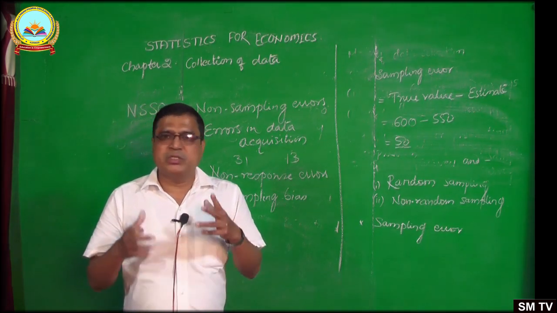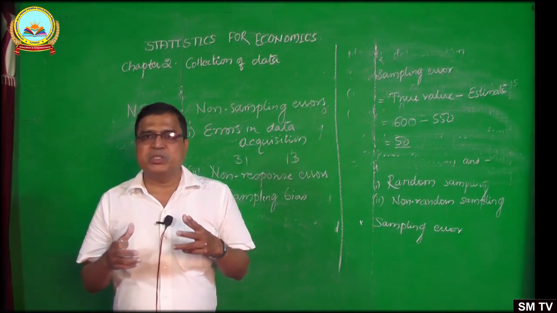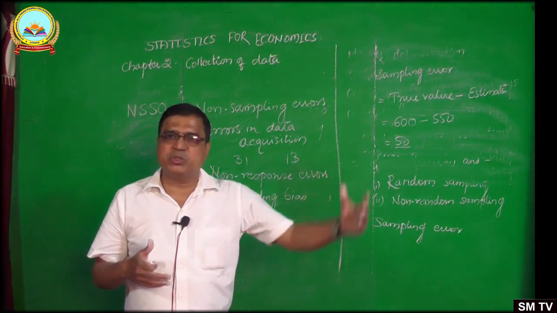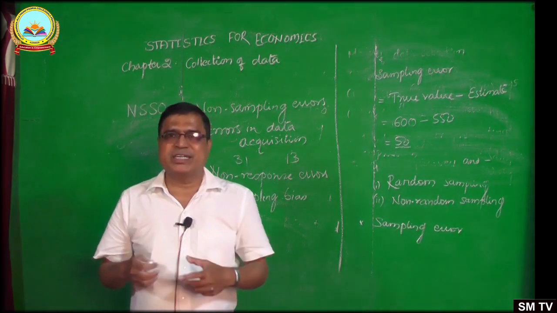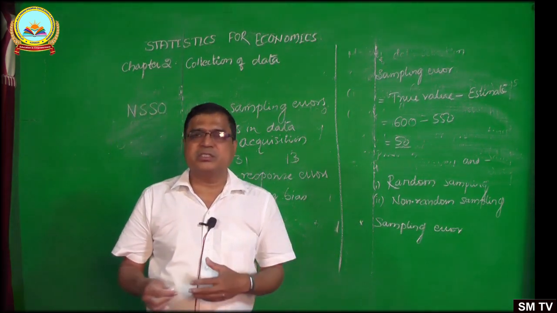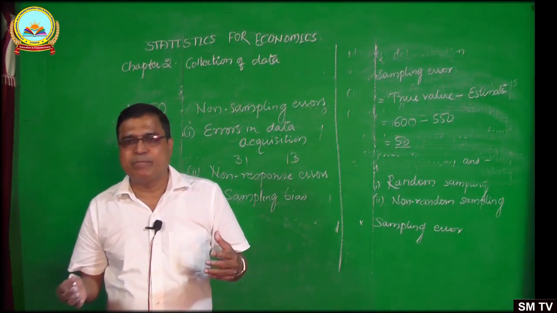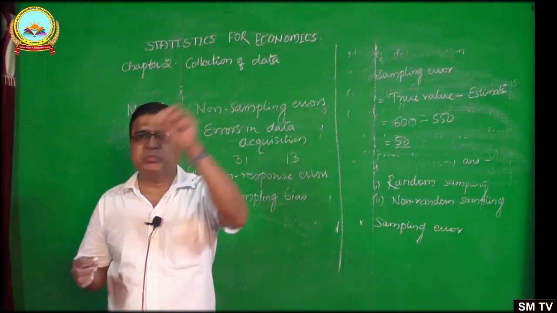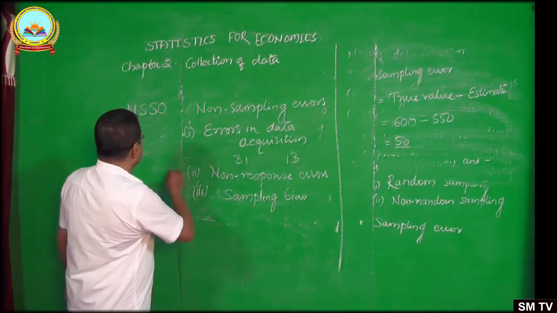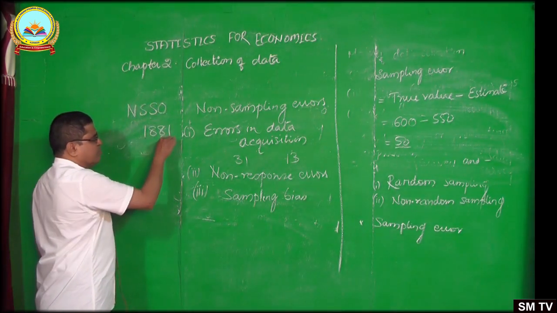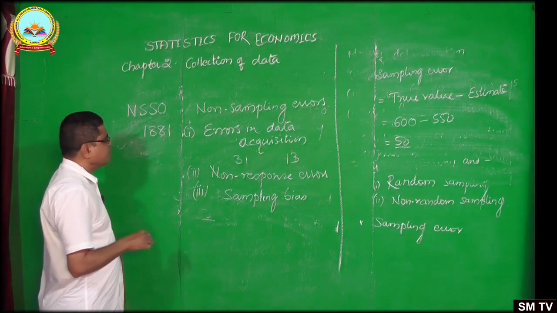As you know, the census survey was done even during the British rule, the colonial period. As explained earlier, studying each and every unit of the population is called census. In the year 1881, the first census was conducted.